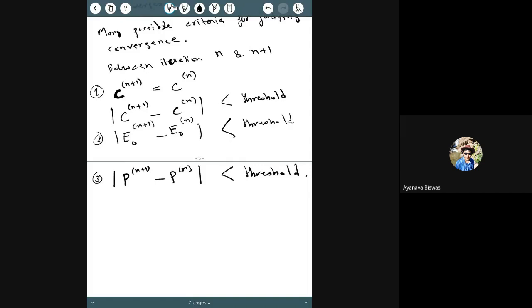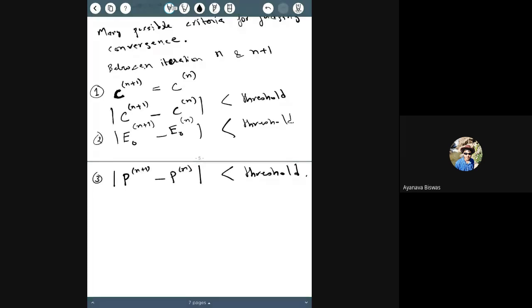So what is best? What you can show is that because this is a variational procedure, there is a mathematical proof, which I will not do, but there is a theorem that for variational methods, the error in the energy is quadratic while the error in the coefficients is linear.